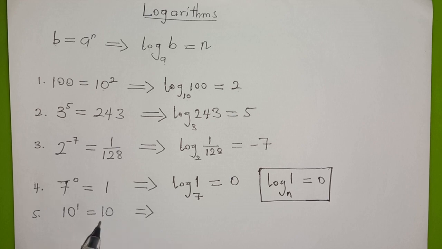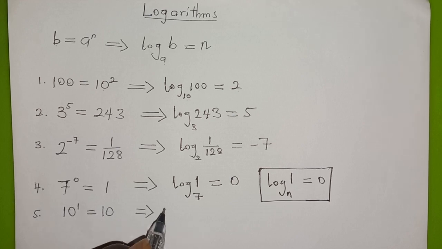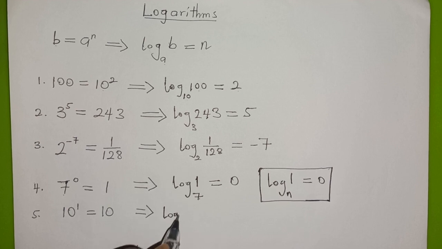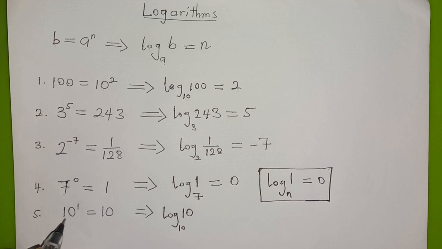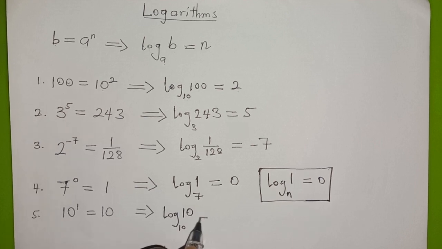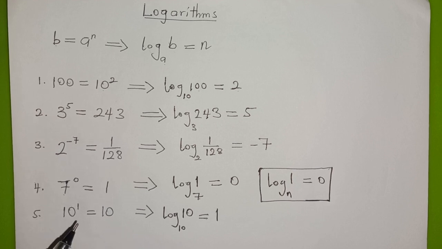So over here, in terms of log, this is going to be log 10 of the base 10, this is the base, is equal to 1. So anytime we have log to the base 10 of 10, it is always going to be equal to 1. Now, it does not only apply to 10, any number at all.